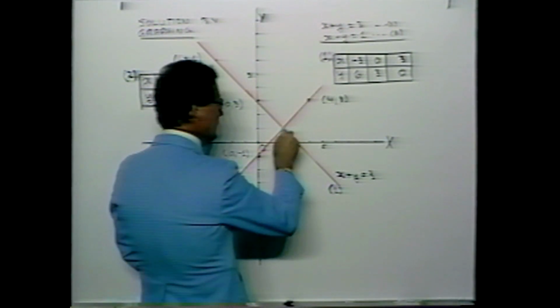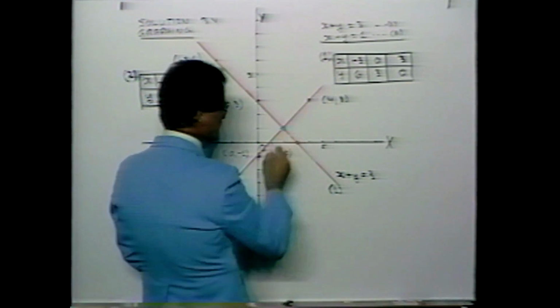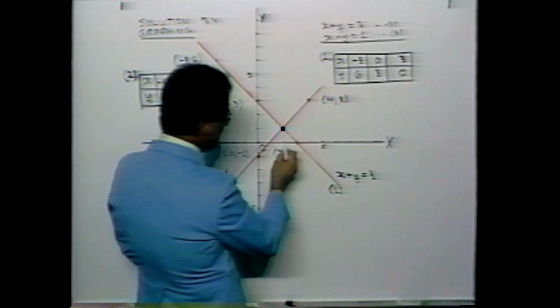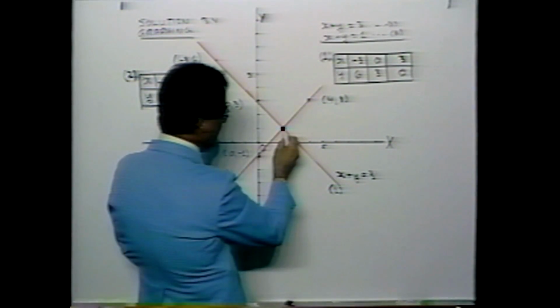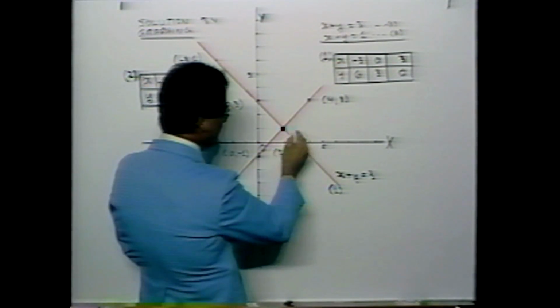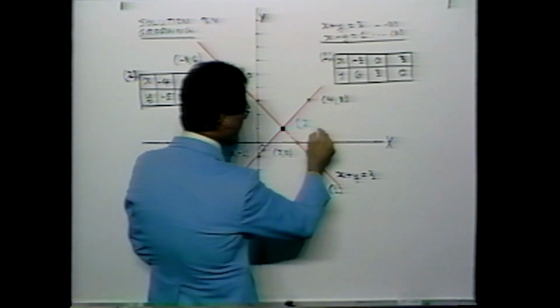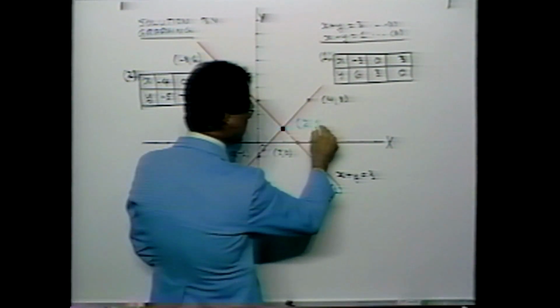Now, that point there is 2 over this way and 1 up this way. Let's write its label, 2 comma 1.